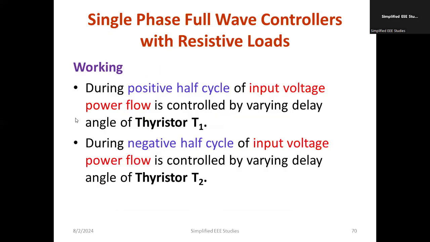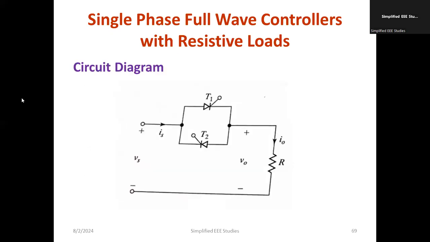First of all, during the positive half cycle, the input power flow is controlled by varying the delay angle of thyristor T1. Let me make it clear. Positive half cycle means positive comes over here, negative comes over here.